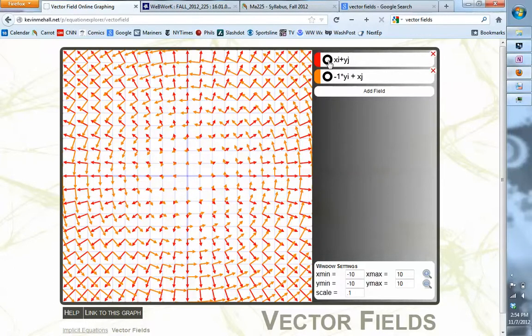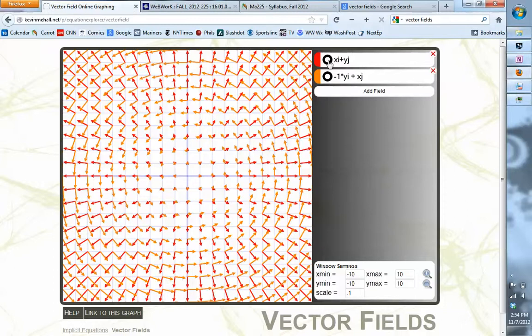So now both vector fields are on there at once. The red one is x, y, and the yellow one is negative y, x, the two fields that I started out with. What are some things that pop out at you? They're perpendicular everywhere, right? So you can say these two vector fields are perpendicular, and that's a much stronger statement than saying two vectors are perpendicular.